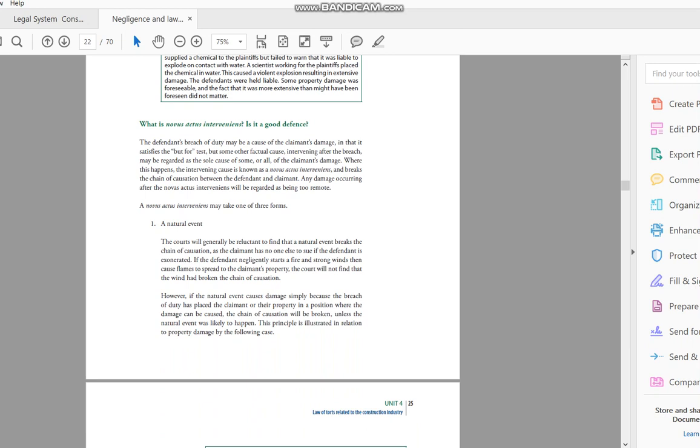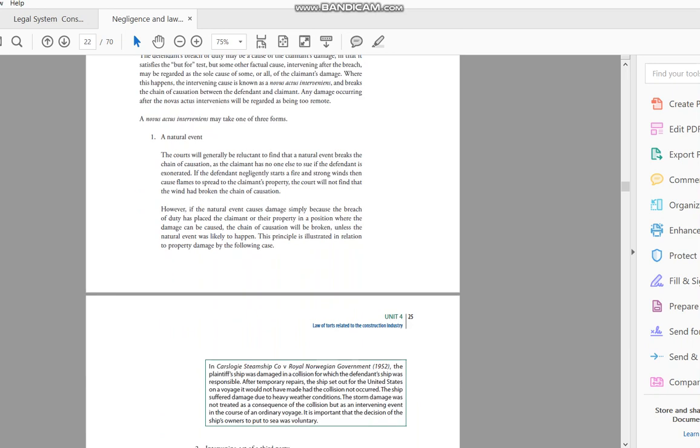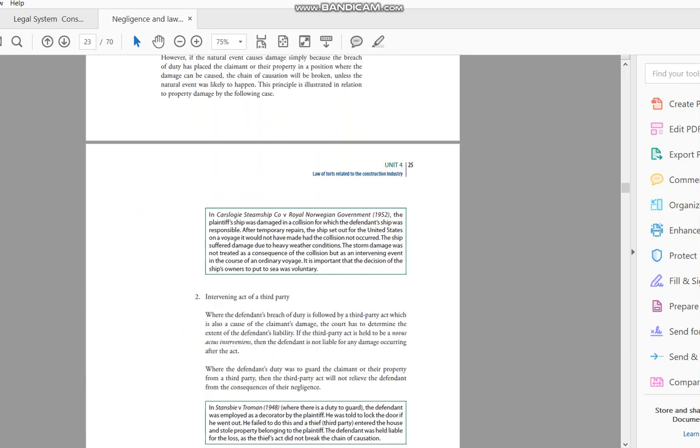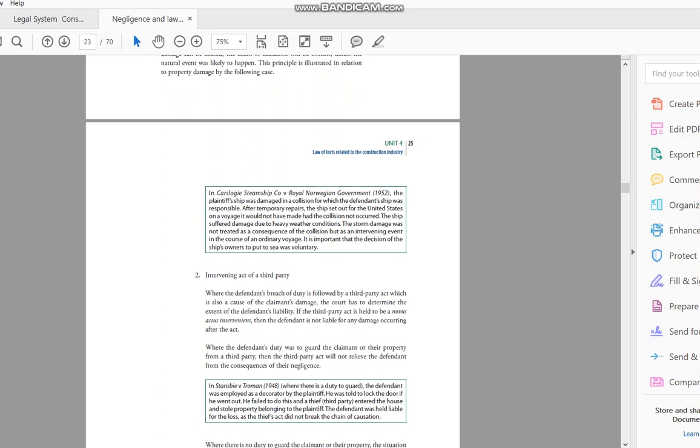So again, a natural event is not a good defense. You cannot say that because the wind blows, therefore my property caught fire. Then there is an intervention by a third party. Something happened, but then some other third party came into the picture and created more damage.